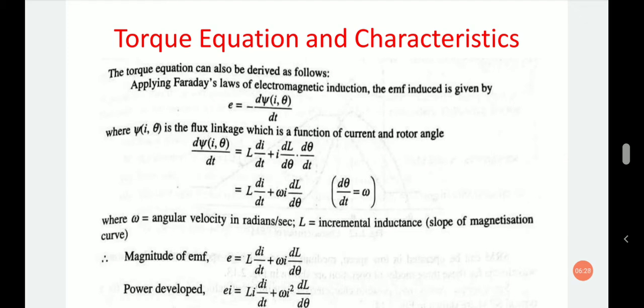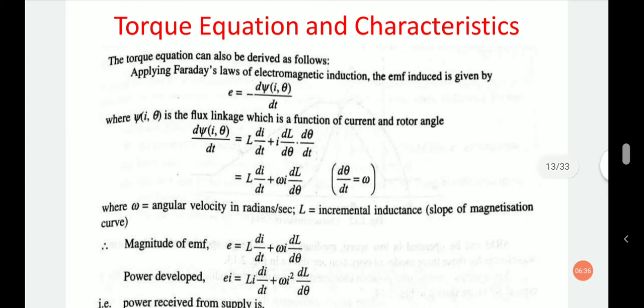For this, we have to keep the air gap length at the unaligned position maximum. Next is to operate the magnetic circuit at highly saturated condition. So with these different ways, the developed torque per ampere can be increased.